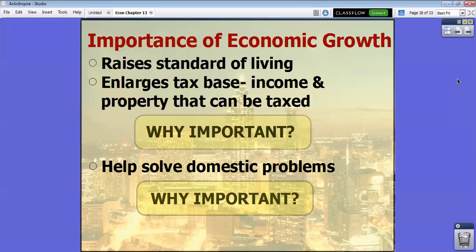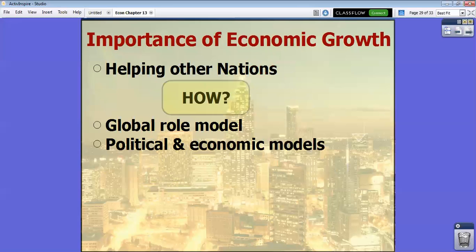Another reason for economic growth is it helps solve domestic problems. If people don't have jobs, then we can connect the idea that they also are probably having issues acquiring healthcare, being able to pay for food. So if we continue to grow and we continue to produce jobs, we will solve domestic problems that emerge. Other reasons that we need to continue growing is to help other nations.